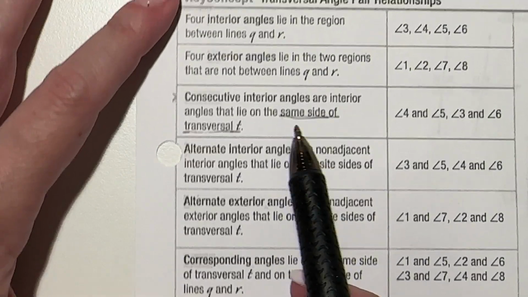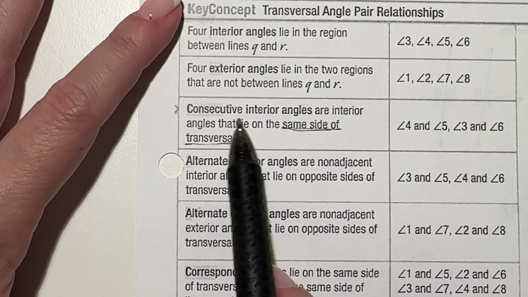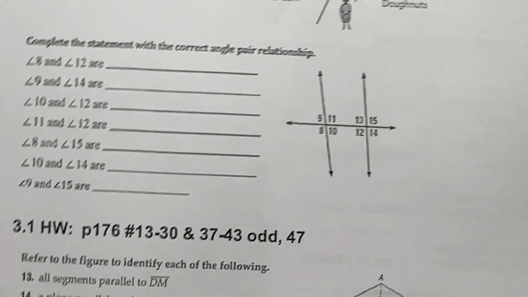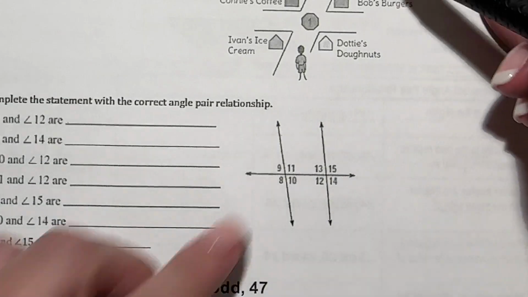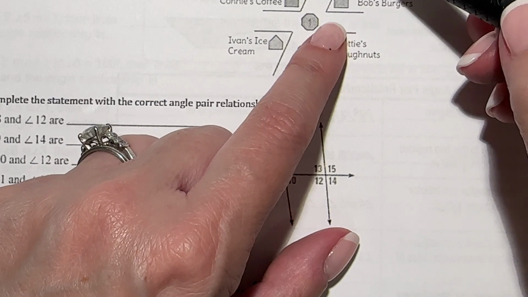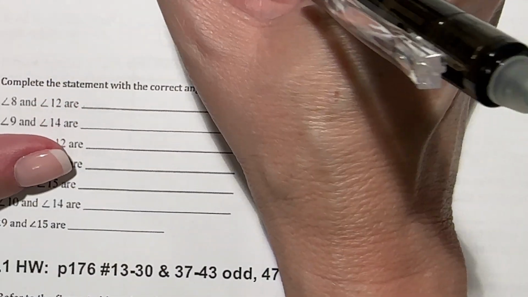Consecutive exterior, consecutive interior are those two and those two. So consecutive exterior would be 2 and 7 and 1 and 8. So Beverly's Burger, that's on the top side of the line. Bob's, oh yeah, is on the top side also. So that's Bob's.